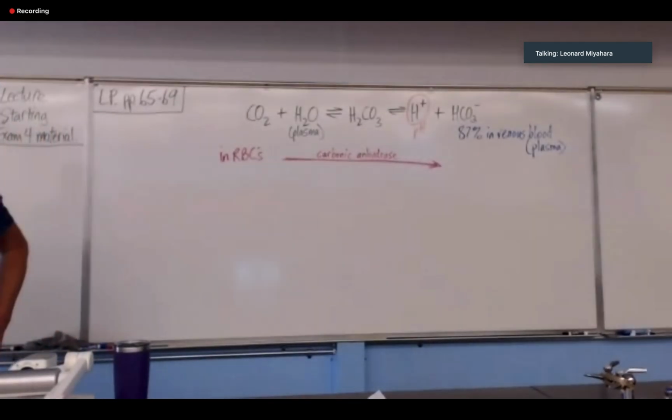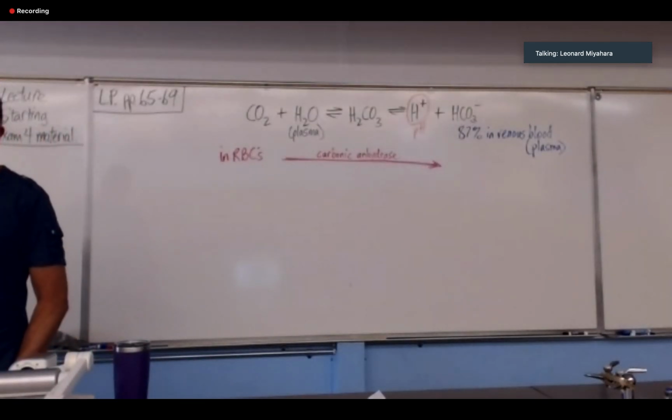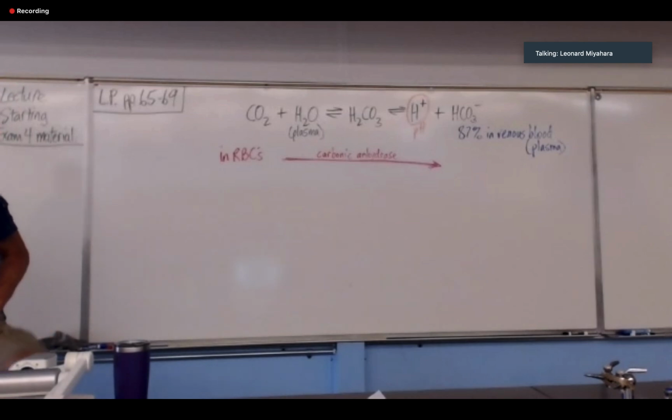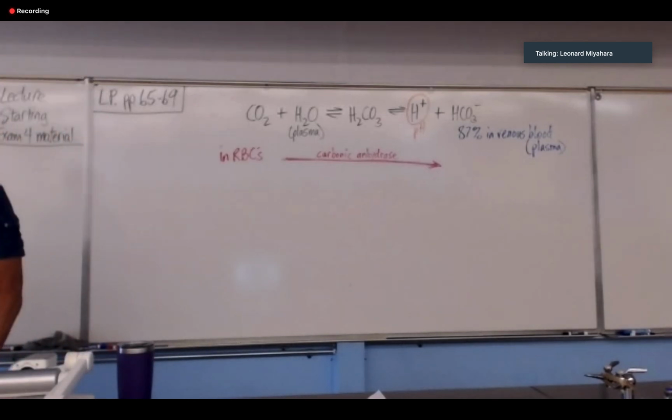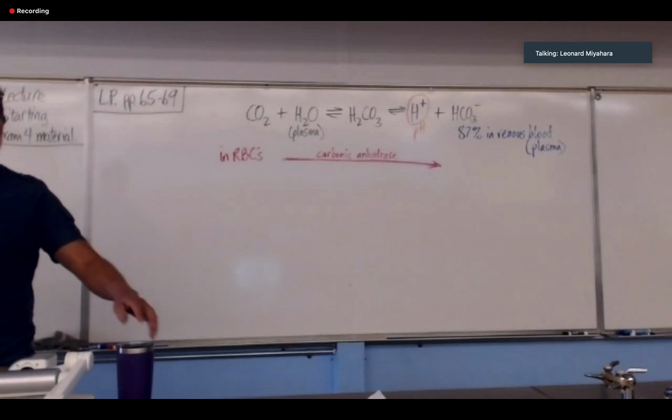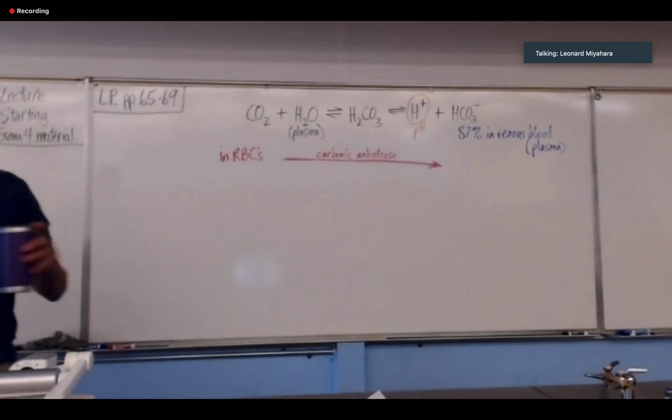If you get enough of a base in a solution, you will have very little free hydrogen ions. And remember, you need to have some free hydrogen ions in any solution. Water has it. And if you look at the pH scale that we talked about in the very first lab, back in the beginning of the semester, pure water does have a concentration of free hydrogen ion.